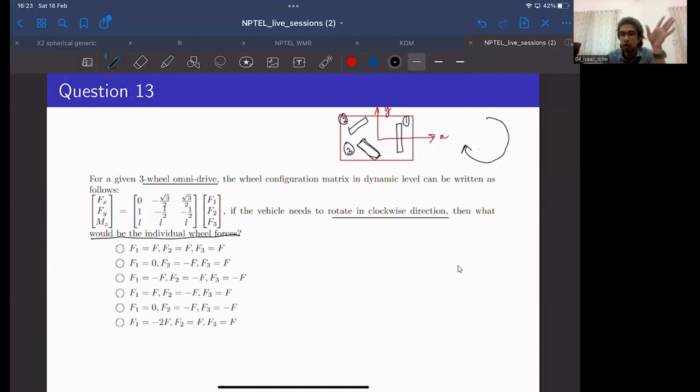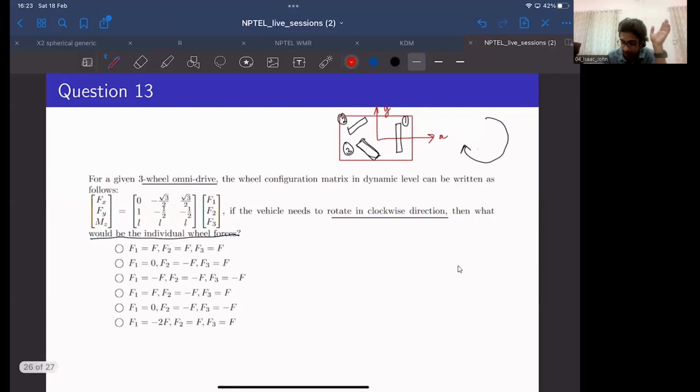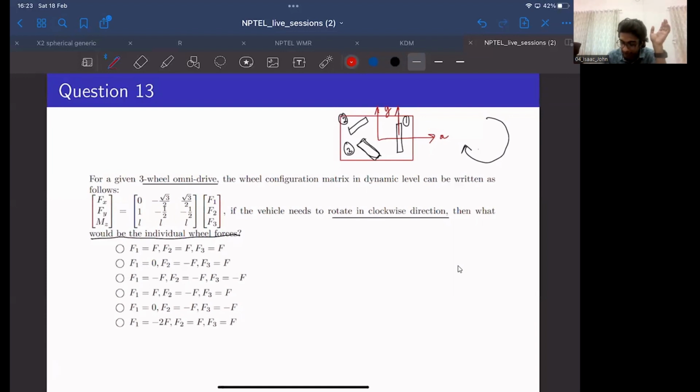So purely going by intuition, all the force vectors should be in one direction, either along this direction, this direction, this direction. So if we apply a tractive force along this direction, everything is basically continuous.